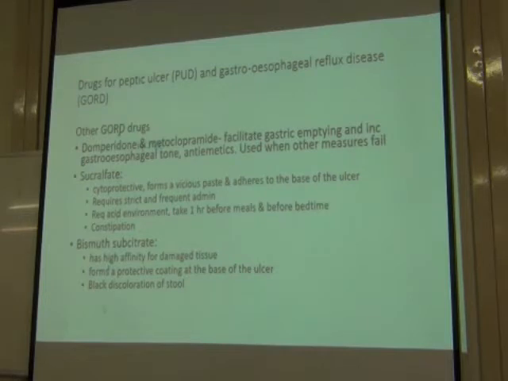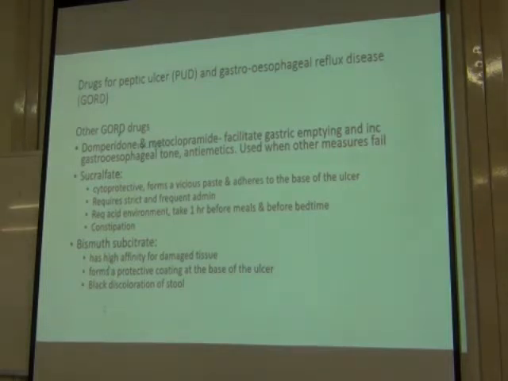Other drugs that are used in peptic ulcer and gastroesophageal reflux disease are domperidone and metoclopramide. These ones help the GIT and gastric emptying, that's the peristaltic movement of the GIT, all right?